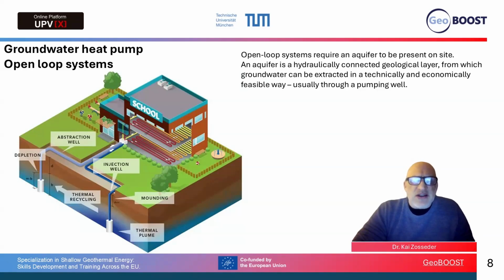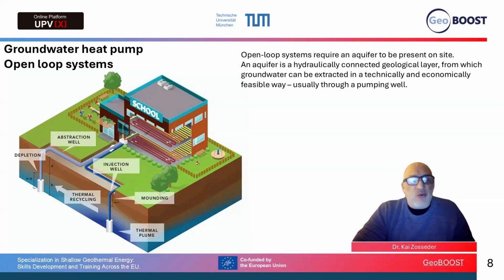Why are we injecting it back? Because we just want to use the heat and not change the volume of the groundwater. So we have to see that we have enough groundwater here, and then we have to design it in a specific way. The distance between the wells also plays a role, so that we are not actually pumping out the water that we injected back.